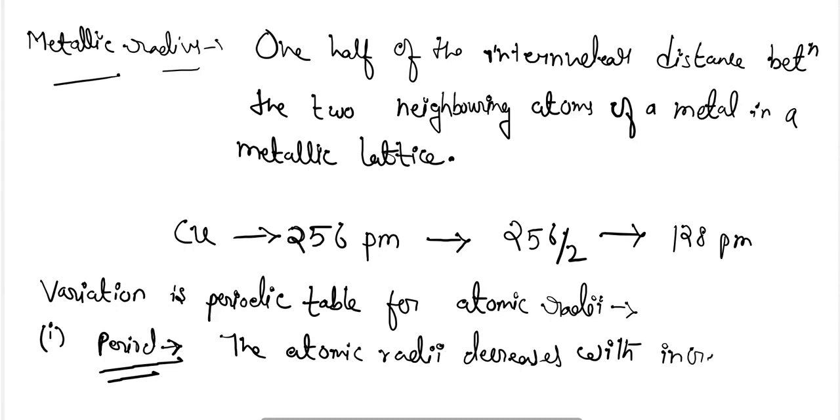It means that if you are moving left to right in a period in the periodic table, then the atomic size will be decreasing.